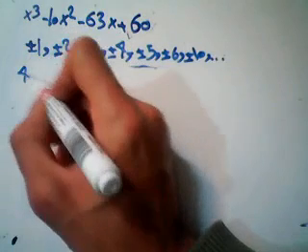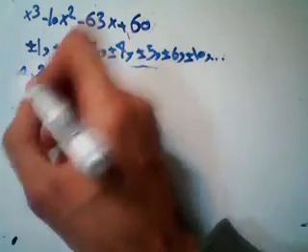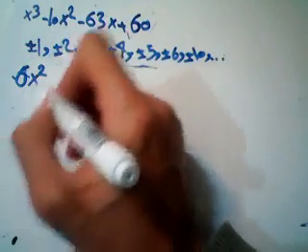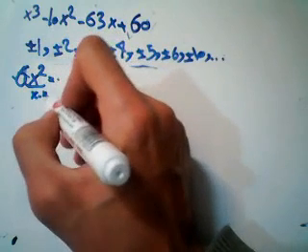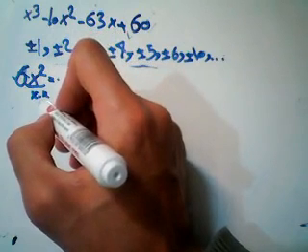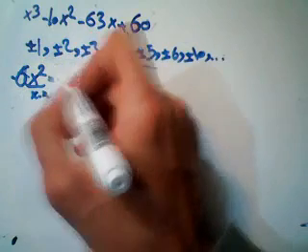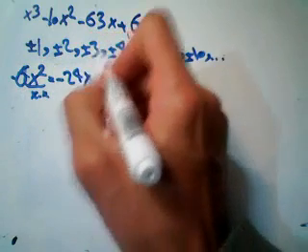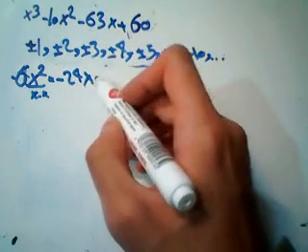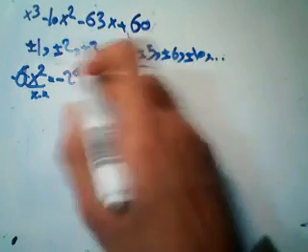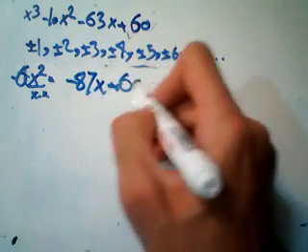This would be 4 by the method, 4x squared minus 10x squared, minus 6x squared, and x dot x, minus 6 times 4, minus 24x, minus 63x makes it minus 87x plus 60.